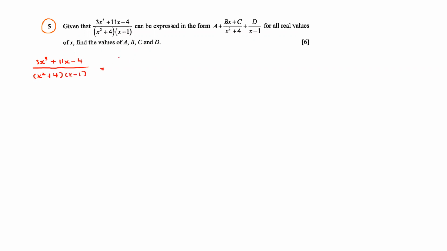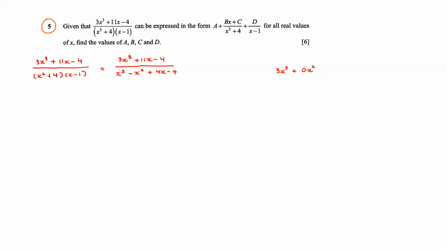So first step, I'm going to expand the denominator. Next, I'm going to do long division. So 3x cubed plus 0x squared.